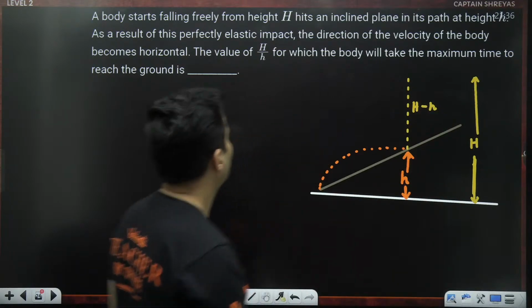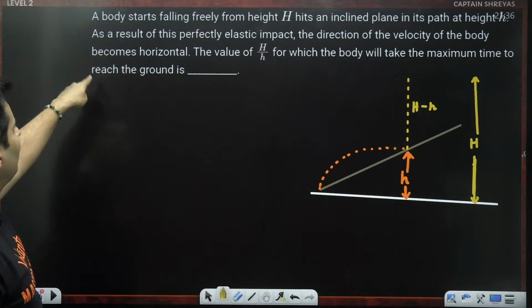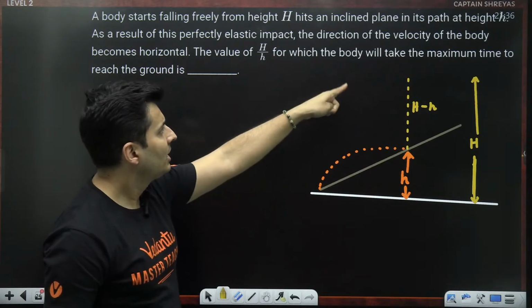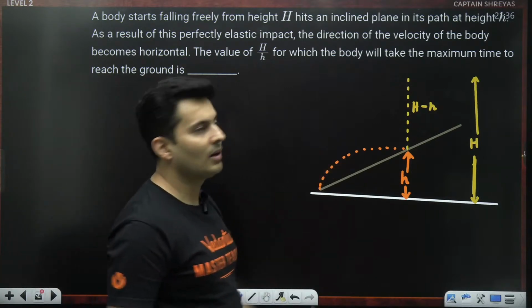The value of h for which the body will take the maximum time to reach the ground is what?